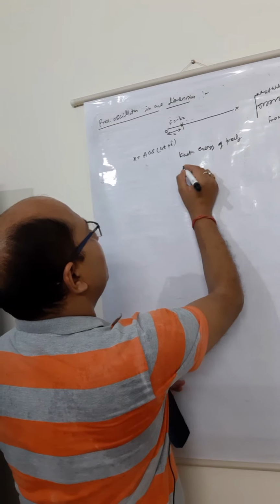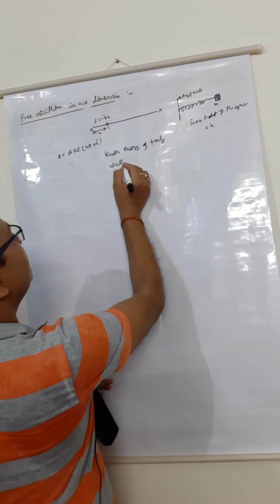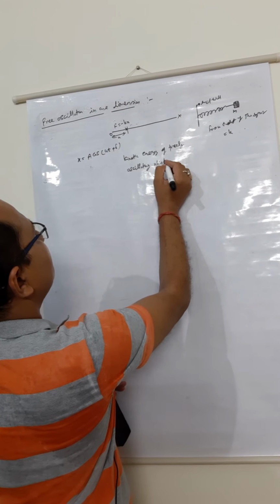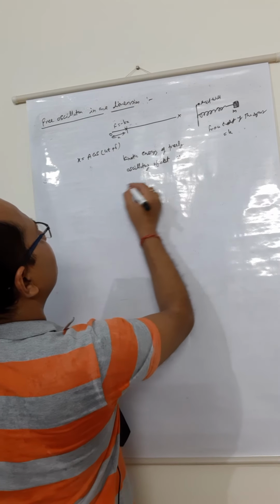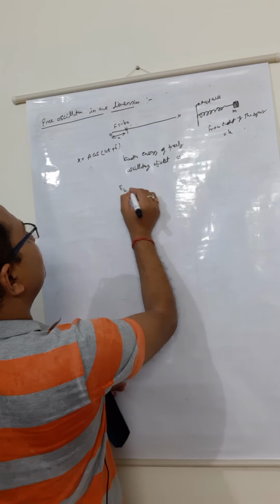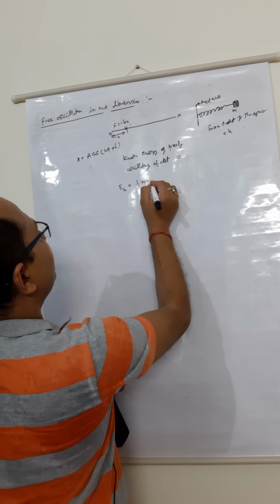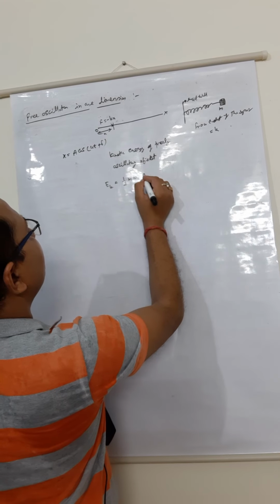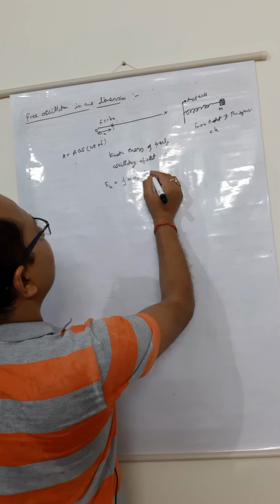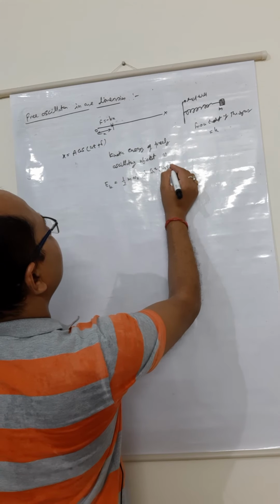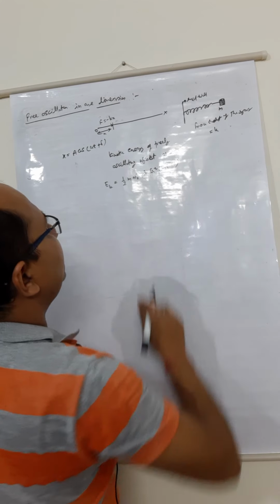Now here it is freely oscillating, as Ek equals 1 upon 2 m omega naught square a square sine square (omega naught t minus delta).